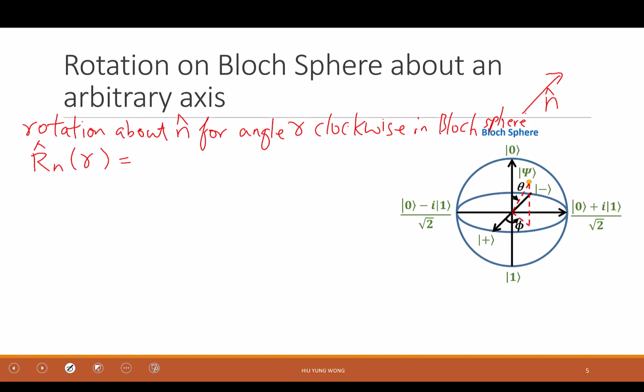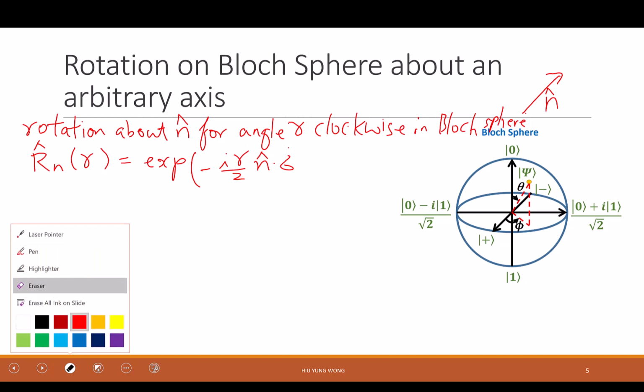A matrix, because you're rotating a vector, so you need to multiply a matrix onto the vector. And this is going to be exponential of negative i gamma divided by 2, times n dot sigma.